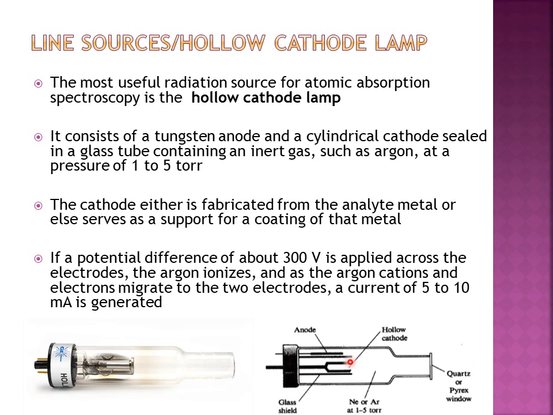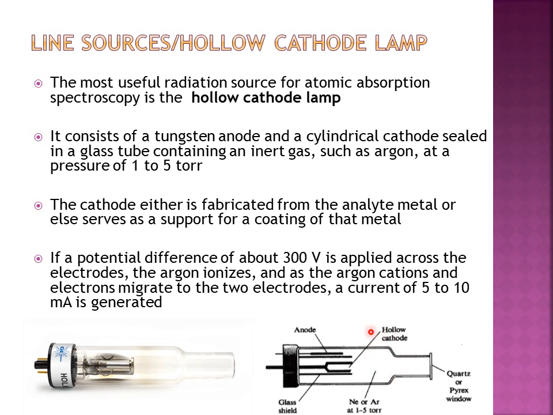The cathode is either made up of that element which you are going to analyze in your sample, or it provides a support, meaning the compound of that element is coated on this cathode. So if a potential difference of 300 volt is applied across the electrodes, the argon gas present inside ionizes, meaning argon is converted into argon cation, and there are free electrons.